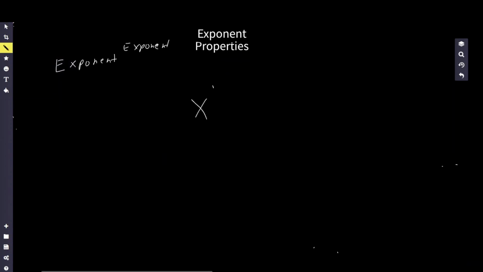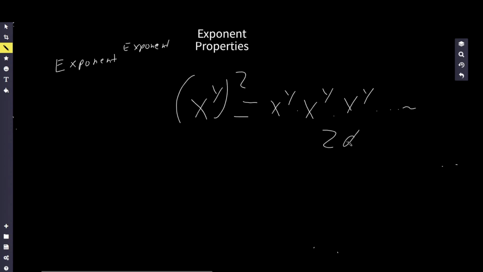Let's say we have x to the y to the z. So this is x^y times x^y times x^y times x^y, and we're multiplying together z times. So if we're multiplying x to the y together z times, we can use the addition rule where if we have the same bases, we can add the exponents.